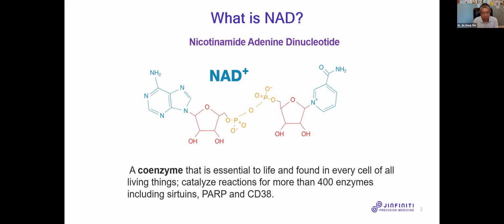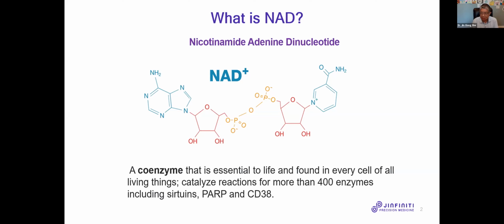It's a small molecule, very simple, but it has many, many different functions because NAD is a coenzyme that's essential to life and is found in every single cell of living things. The coenzyme is very important for the function of over 400 enzymes.